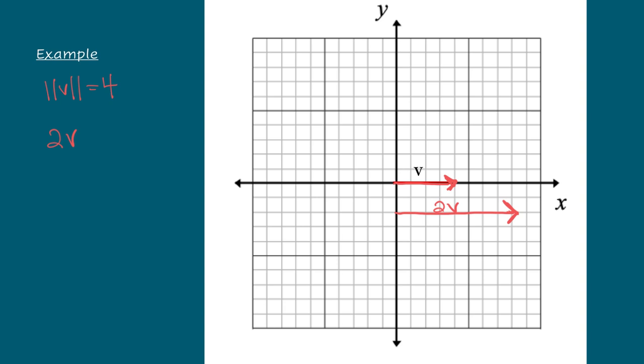So if I said negative 2v, then what that would mean would be I would do the same thing. I would still multiply by 2. It would still double it, but I'm going to go in reverse. 1, 2, 3, 4, 5, 6, 7, 8.